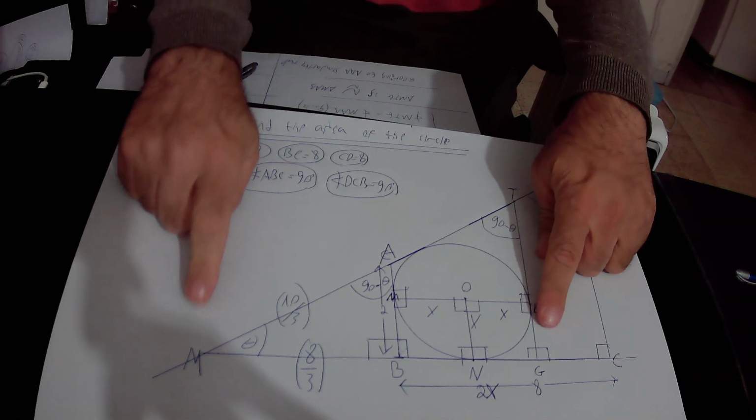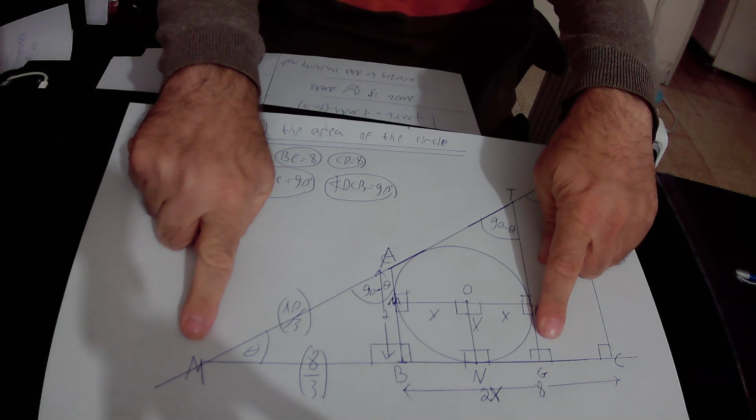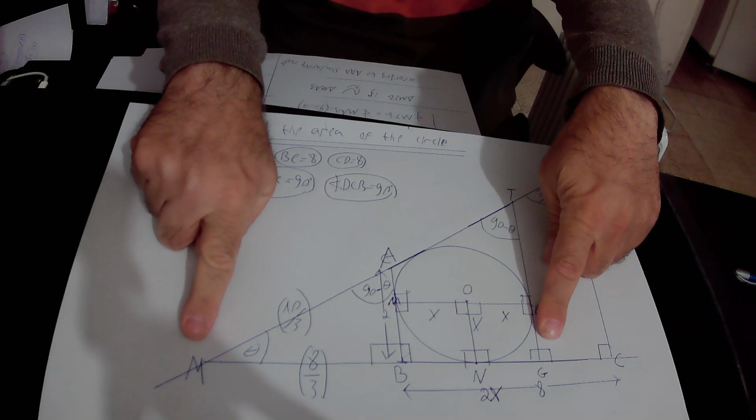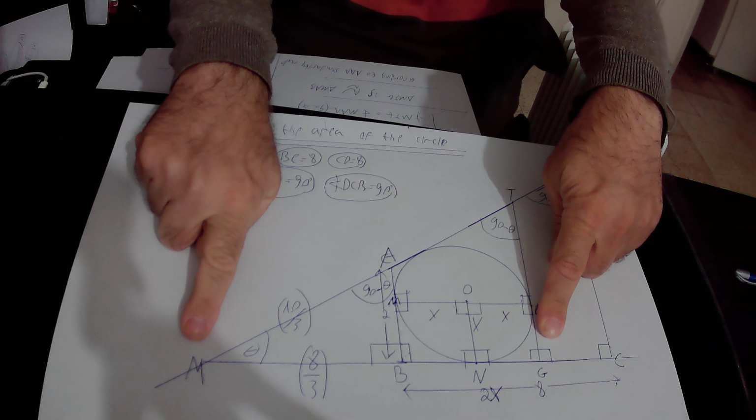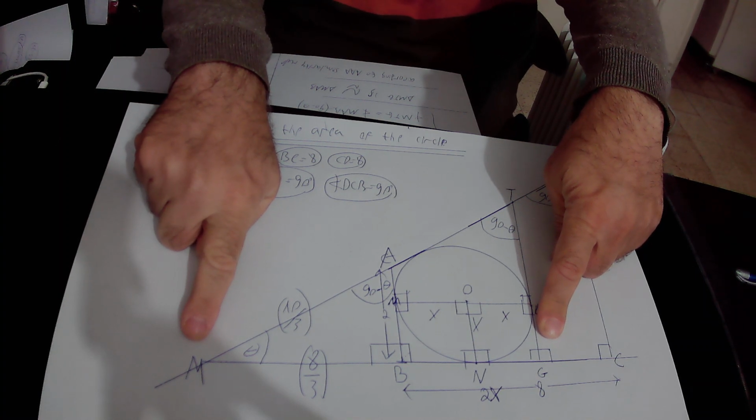What is the size, the length of MG? From the drawing it is very easy to see that MG equals to MB plus BG. That is to say MG equals to MB, it is 8 over 3, plus BG is 2x. So in total MG equals to 8 over 3 plus 2x.